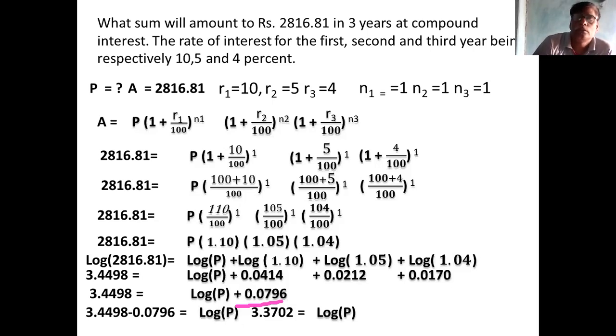Next step is P is equal to antilog of 3.3702. Therefore, P is equal to 2345. Principal value is 2345. Check this answer. I forgot to write the antilog and steps.